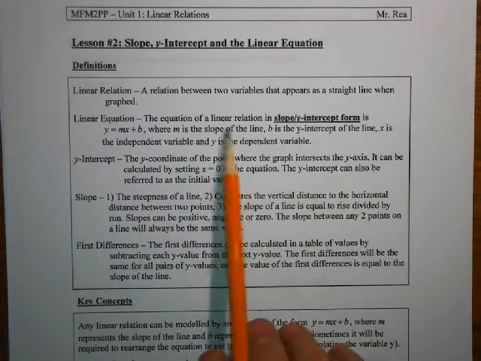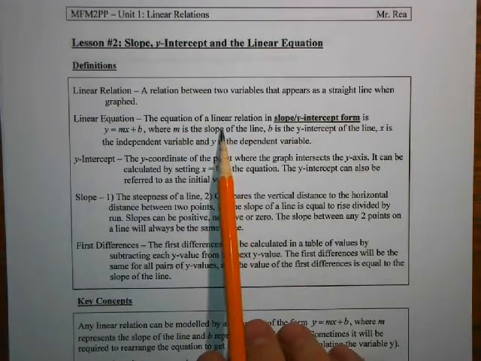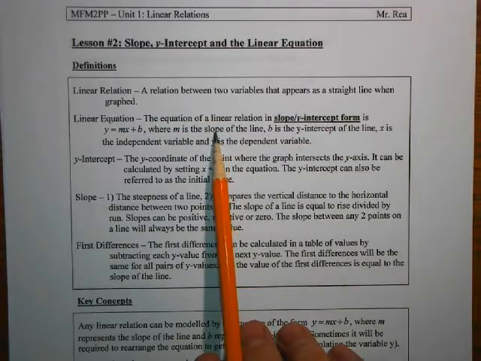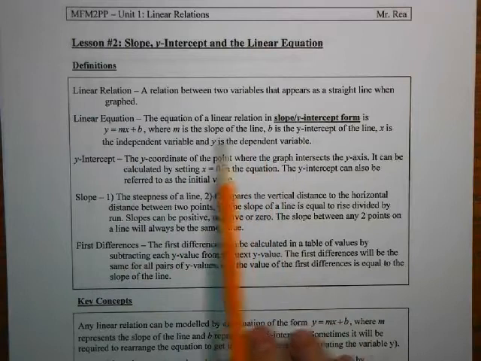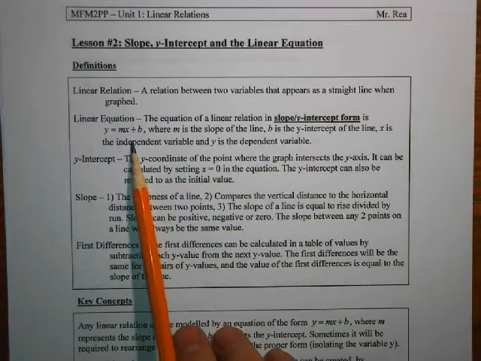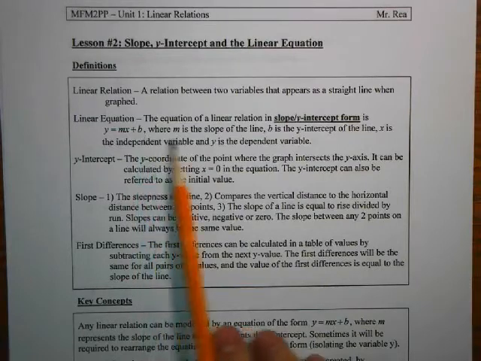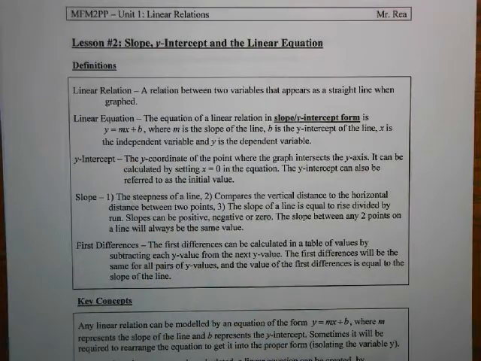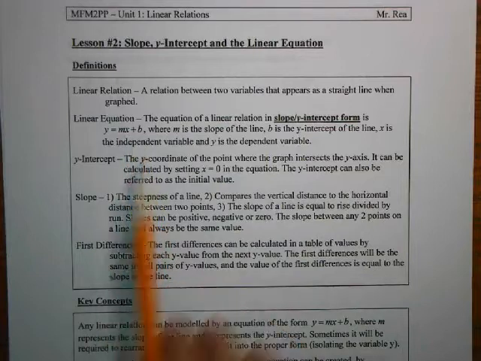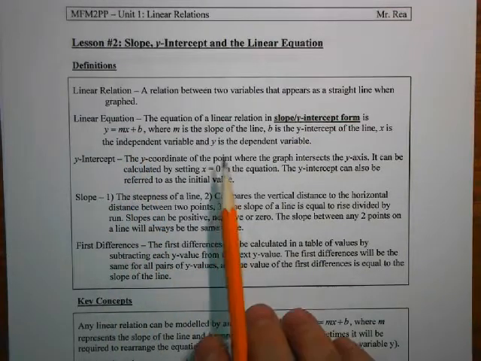And this equation can look different depending on how it's arranged. But if we have y equals, we're going to have two terms, an x term and a constant probably, and we can get the slope from the variable term, and we can get the y-intercept from the constant term. We'll look at that definitely, but that's basically what we're going to be learning.